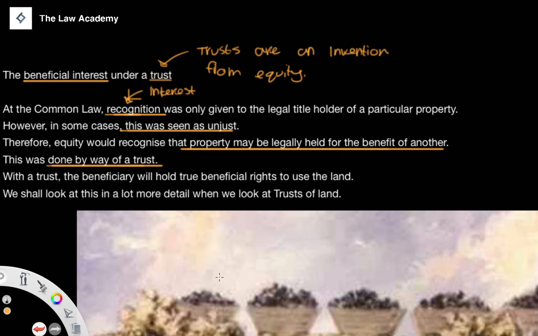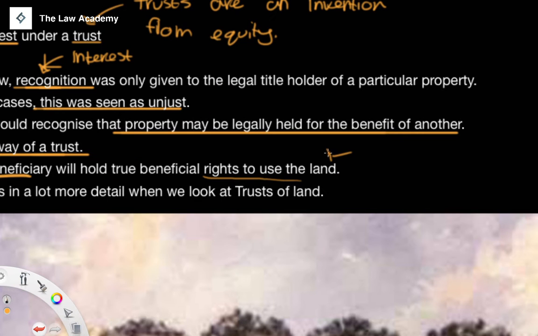So you can hold property in a trust for another individual. And with a trust, the beneficiary will hold the true beneficial rights to use and effectively enjoy the land.